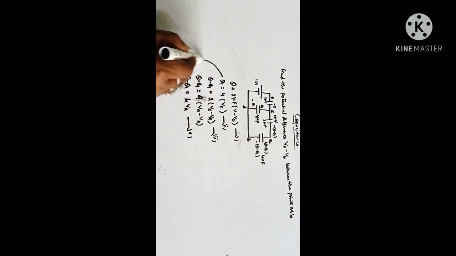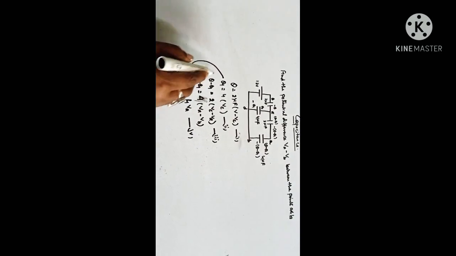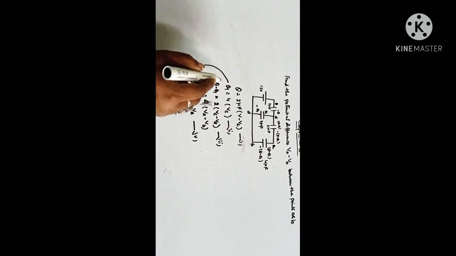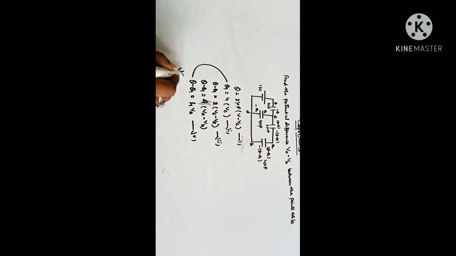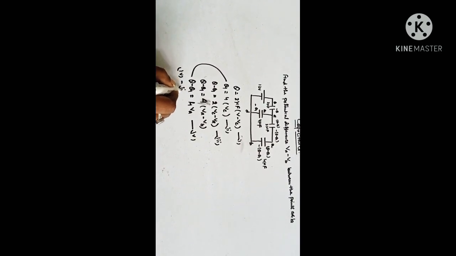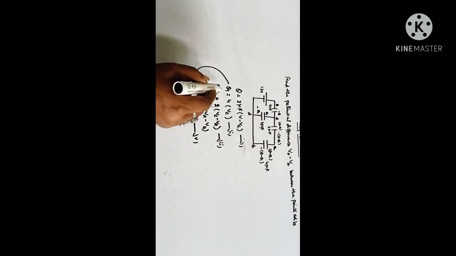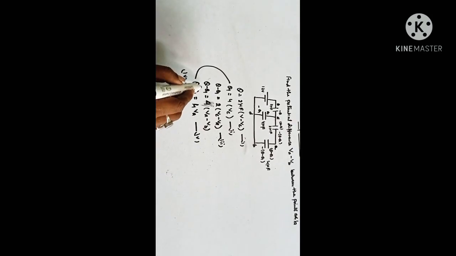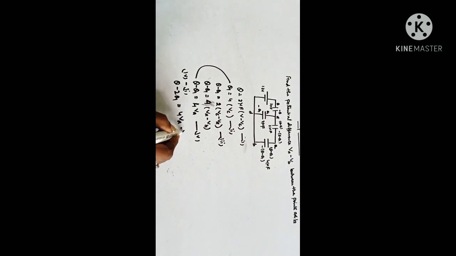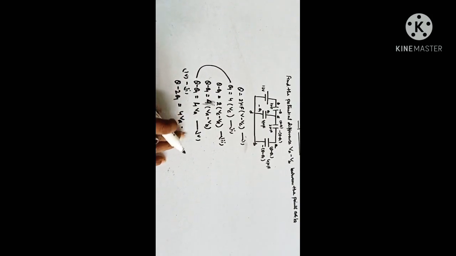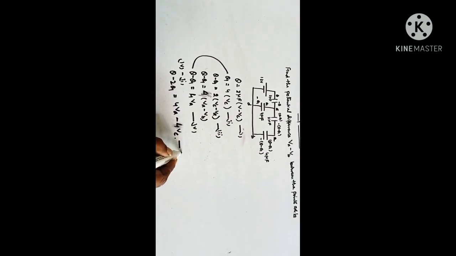First of all I am going to take these two equations, that is, I multiply this by minus 2. So I get 4q minus 2q1 is equal to 4va minus 4vc, and this is equation 5.